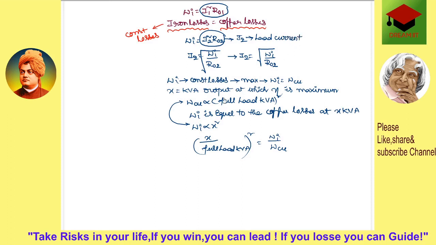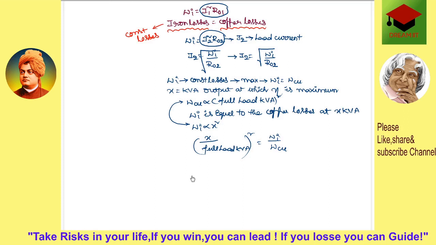That means copper losses will depend upon full load kVA whole square. So iron losses are also equal to copper losses at X kVA. That is the X we have considered at which we get the maximum efficiency. That is why I made it as Wi proportional to X square.